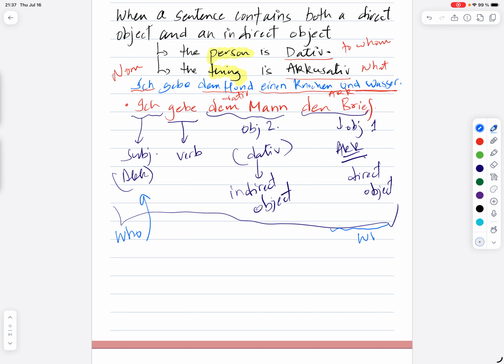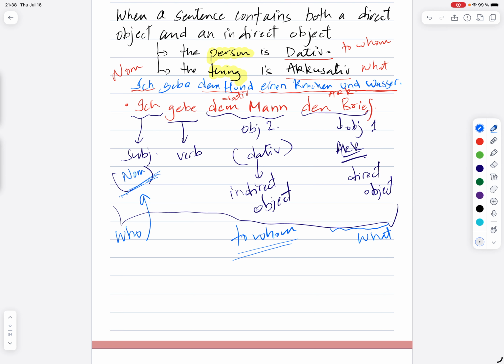So that answers our what. And then who's receiving answers the question to whom: I'm giving the man the letter, so it answers to whom. So in a long sentence like this, you can try to find the nominative case, and then you have accusative and dative case, right?